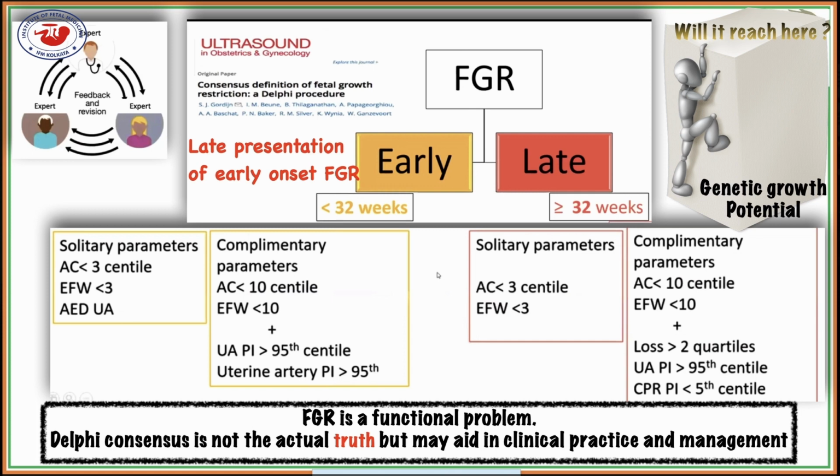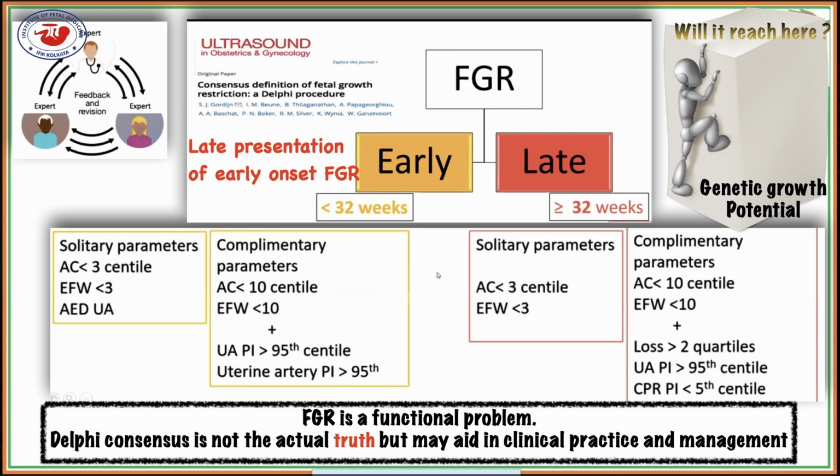And this definition excludes anomalous fetuses. At first instance it excludes anomalous fetuses, because an anomalous fetus with growth restriction is something different. This is a completely non-anomalous fetus which is showing growth restriction.